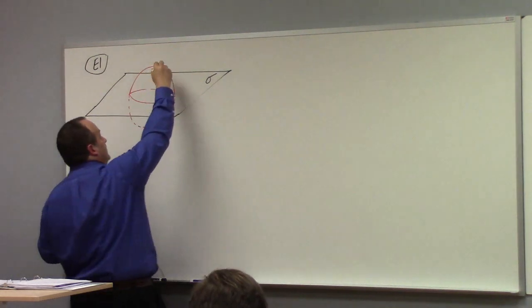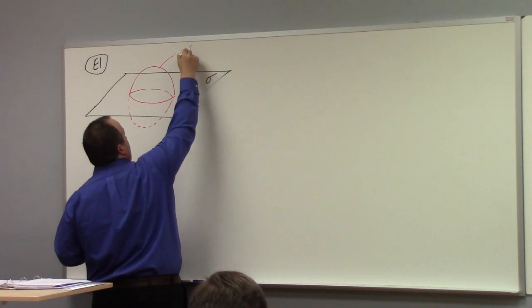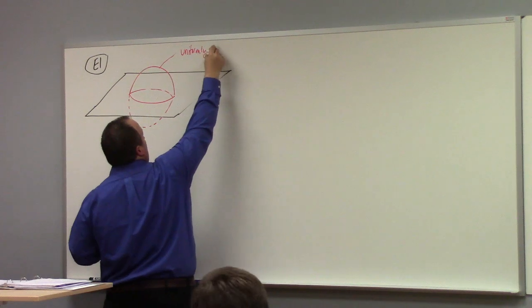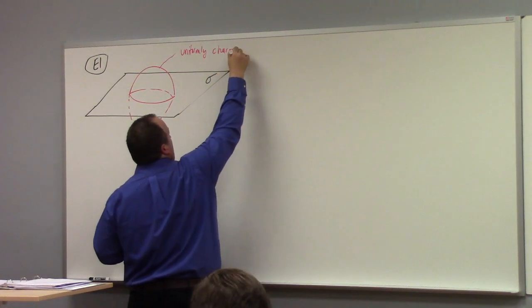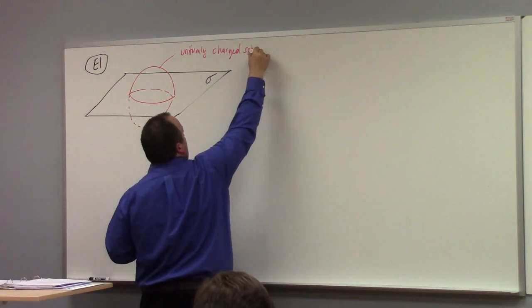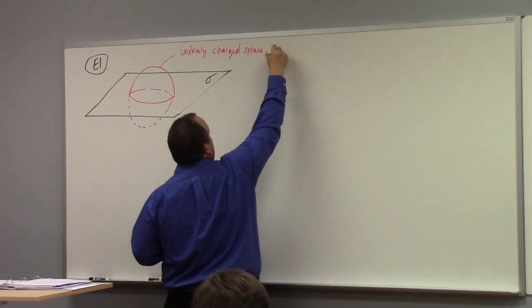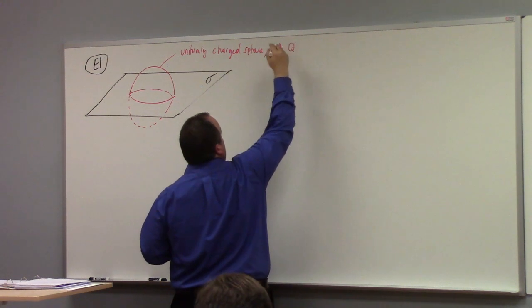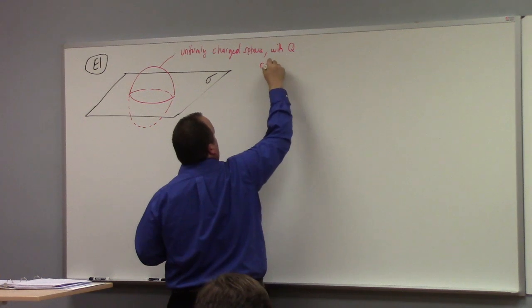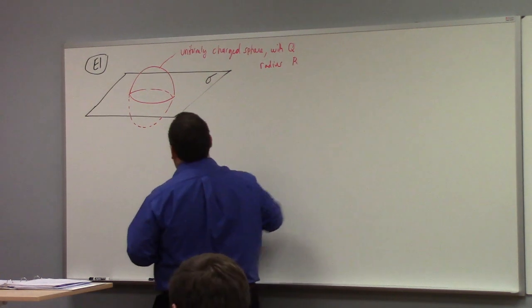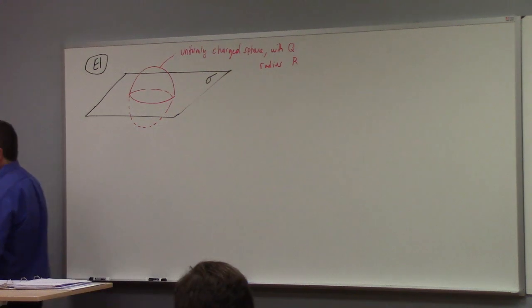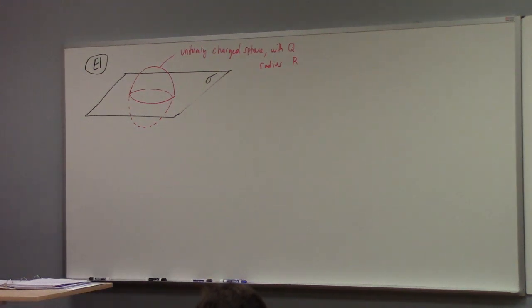So this is a uniformly charged sphere, let's say with charge Q and radius R. We've worked both of these problems separately before. Now I'm putting them together.